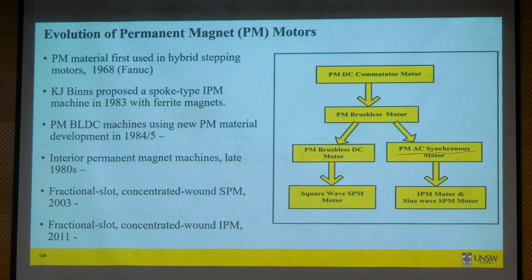Okay, it is an SPM motor. In the stator, you can have distributed winding or concentrated winding. For cost cutting, often nowadays small brushless DC motors use concentrated winding. Okay, but if it uses distributed winding and we control it with a sine wave inverter, it will behave like a PM synchronous motor only.